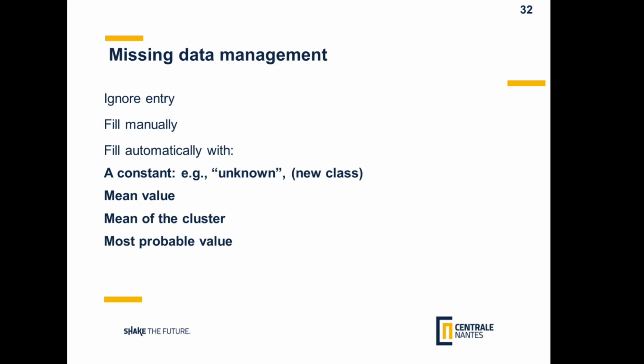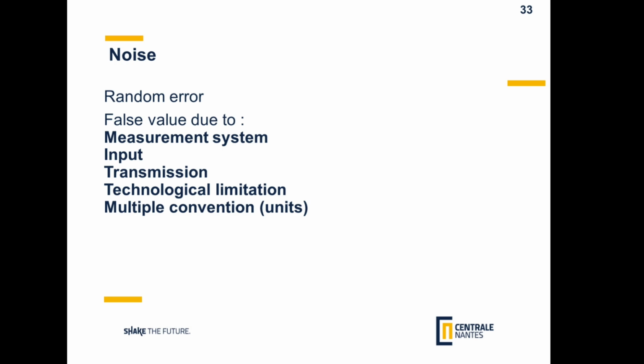Or you can use automated methods to fill the missing data, stating that you don't know, or replacing the missing data by a mean value, for instance, or the most probable value. But this is a decision which will impact the results you will have. The same decision you will face when dealing with noise.